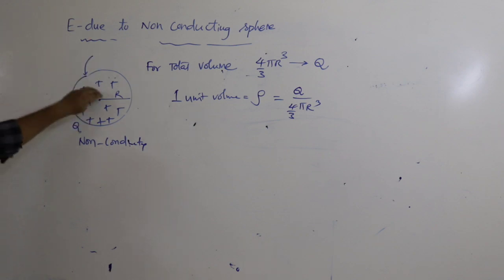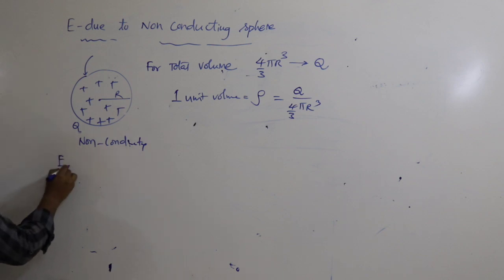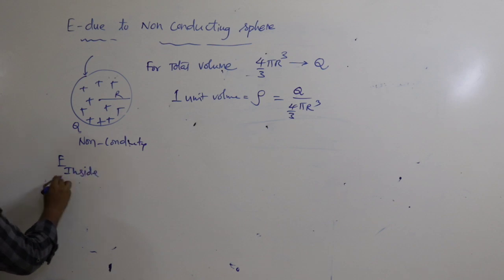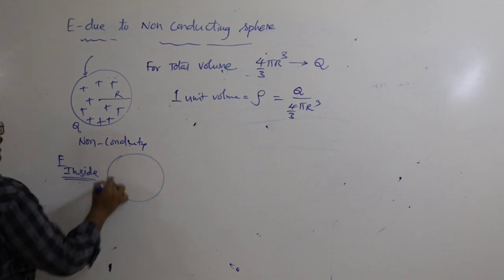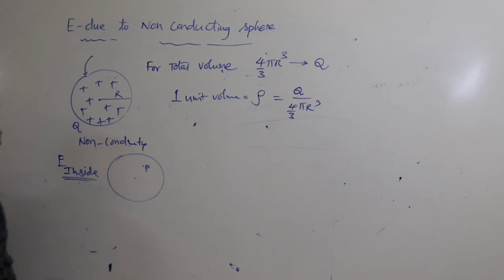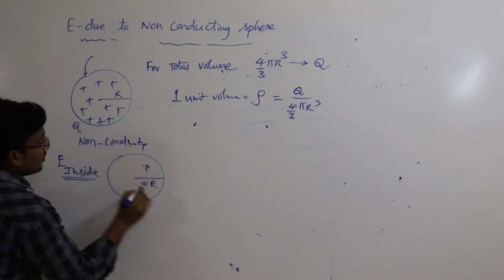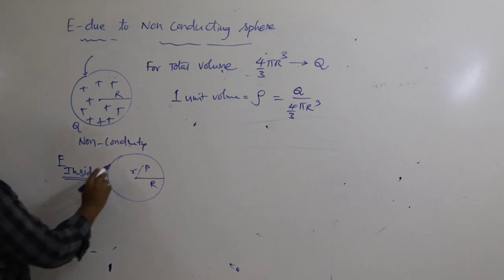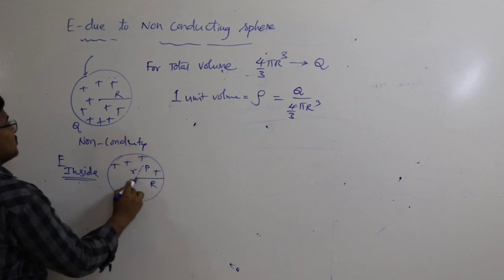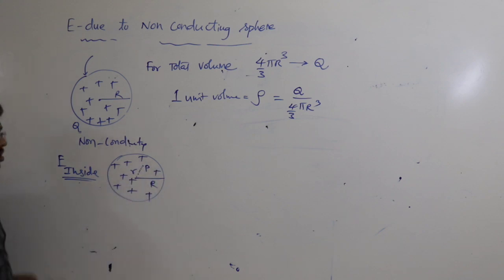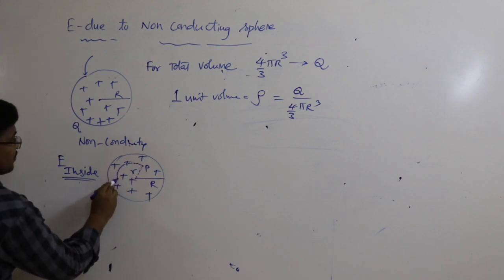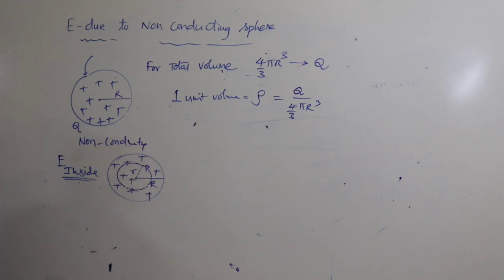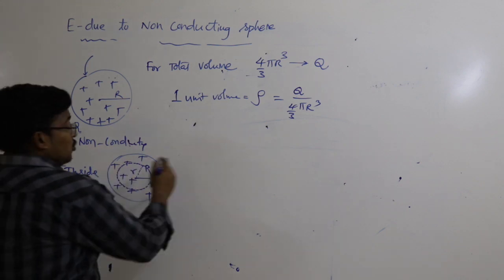Now I would like to find E inside. I am taking a point P inside the sphere at a distance small r. As you know, the entire volume contains charge. Now I will prepare a Gaussian surface with radius r to find the electric field.